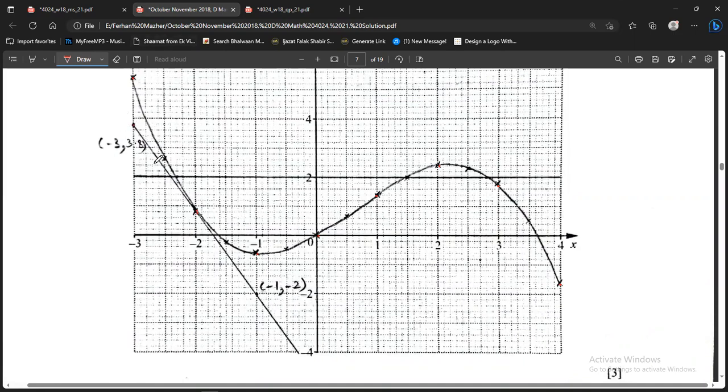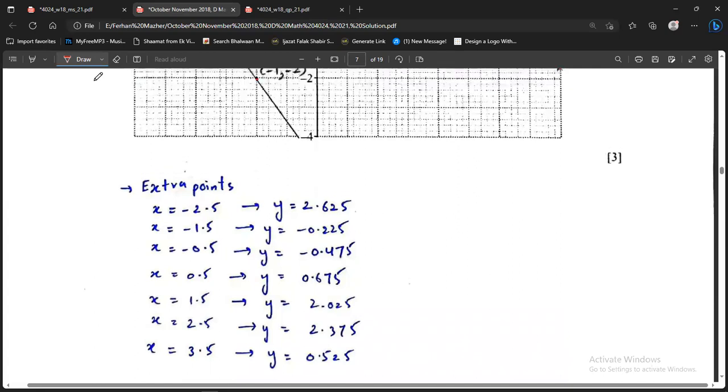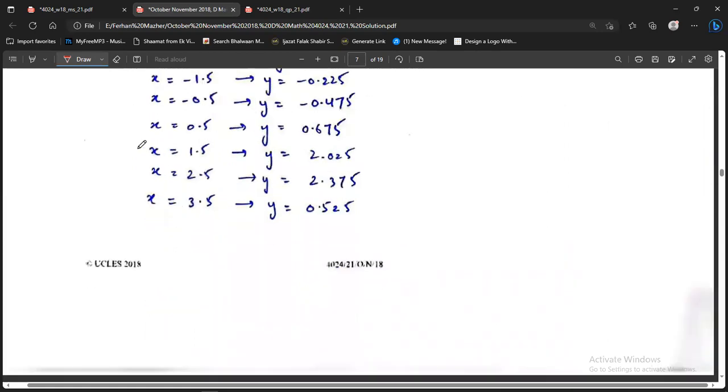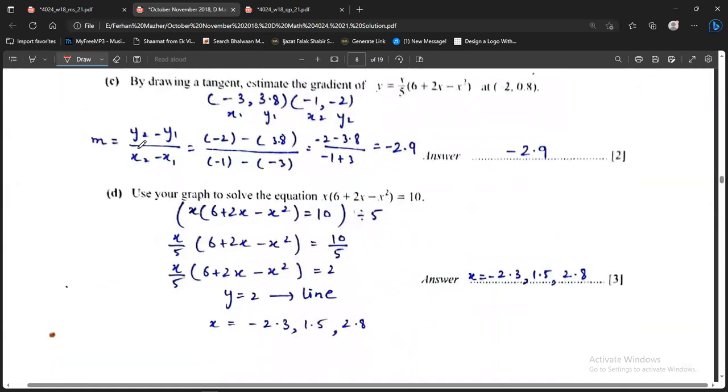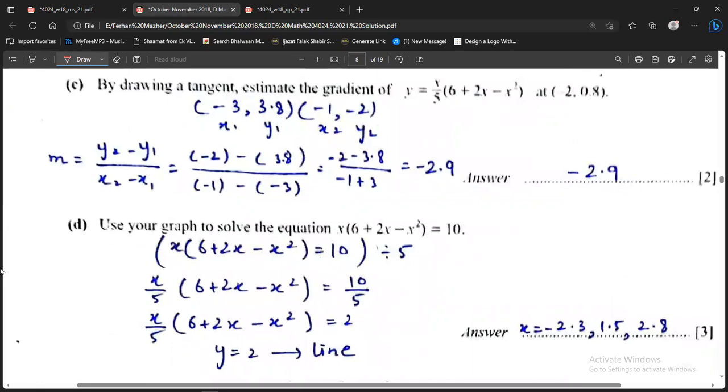I have taken this point, that is minus 3 comma 3.8. And I have taken this point, that is minus 1 comma minus 2. And with the help of these 2 points, I can find out. Here you see we have taken the extra points also on the graph to make it smooth. So we have taken 2 points on that tangent.